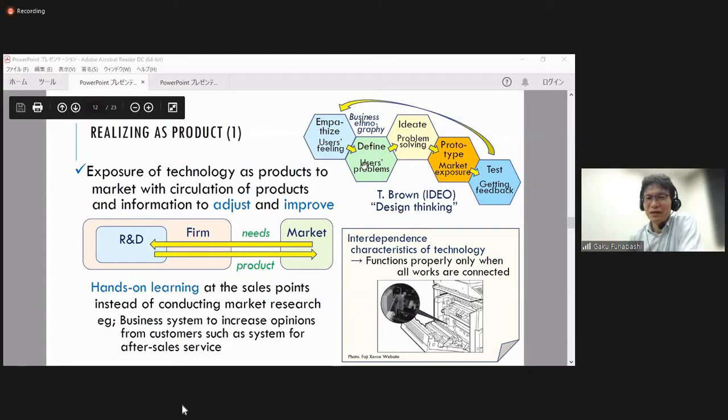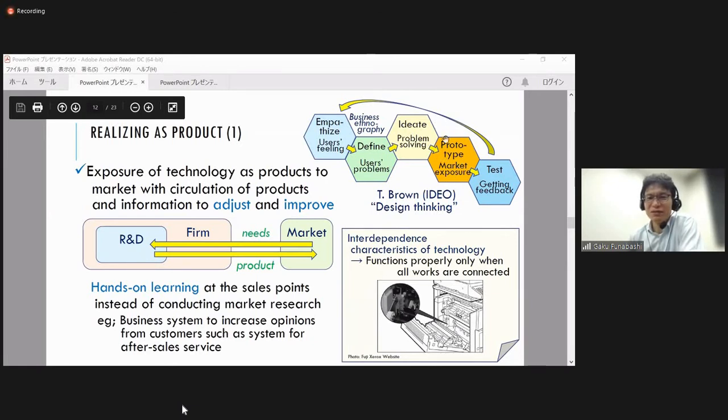Then you try to ideate for the problem solving. This ideate process is like combination in the Seki model. You share the ideas, combine them, and try to get the new solution. Then after you get the ideas, make a prototype so that the customers can try those products.